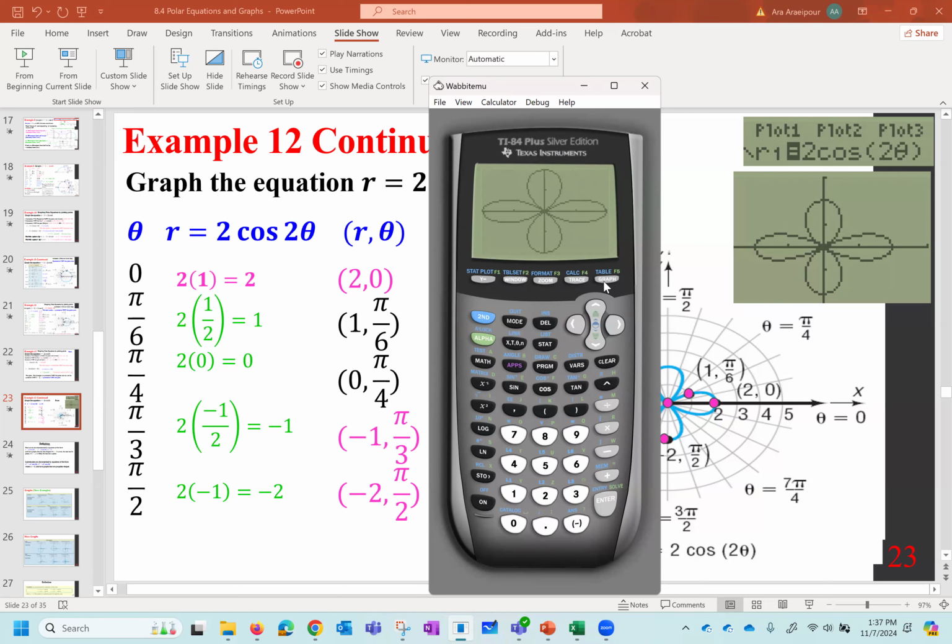And if you graph it now, maybe I should clear it and graph it. No, okay, so let me do this.